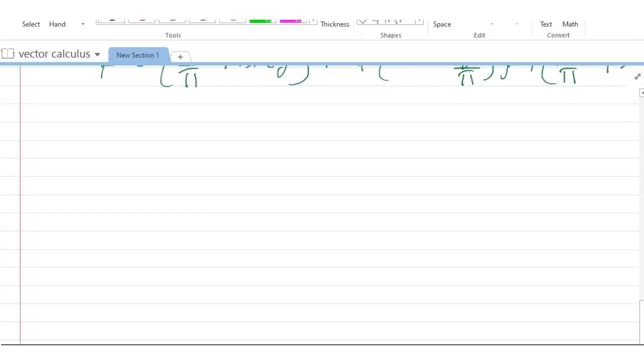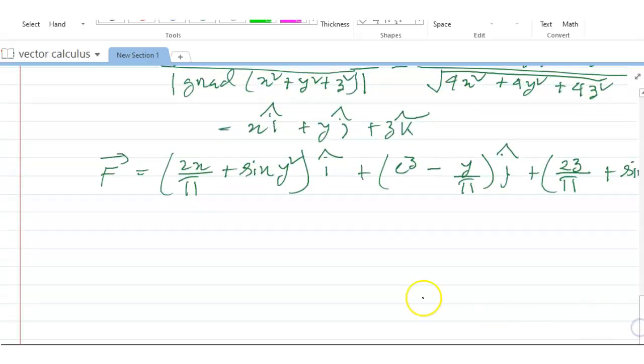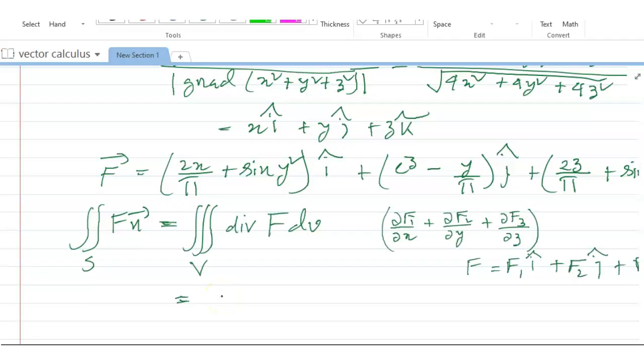So friends, now I apply Gauss's divergence theorem, because we know that for this type of problem we use the divergence theorem.